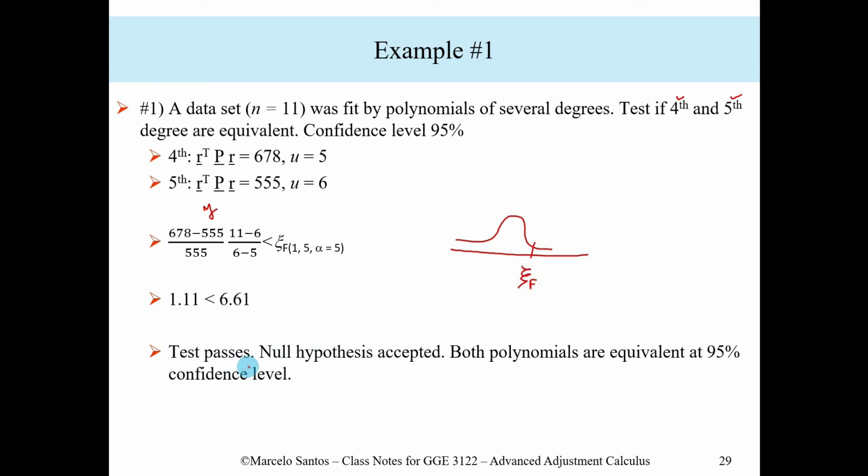So the test passes, and the null hypothesis is accepted. What is the null hypothesis? That the polynomial of degree 4 is equivalent to the polynomial of degree 5, which means that if you're trying different polynomials, you can stop at the fourth degree.